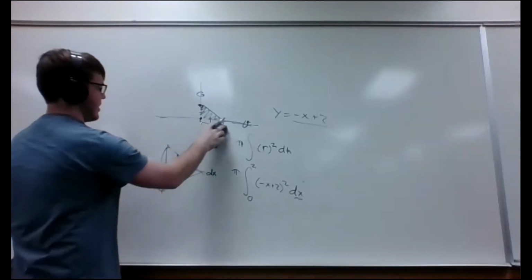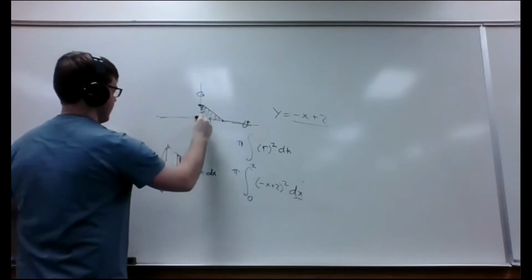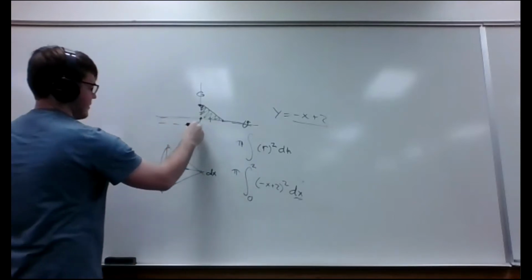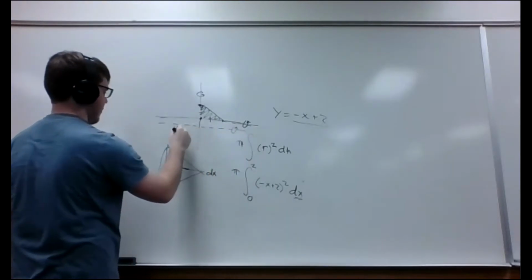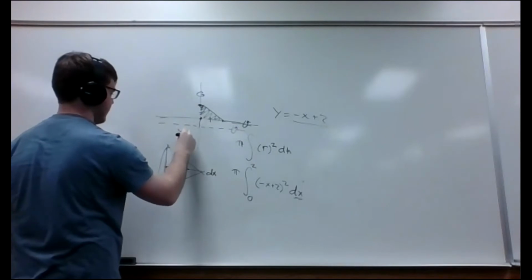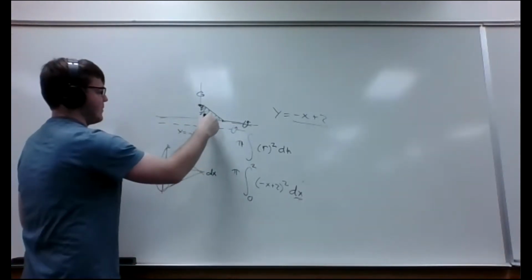I guess if we're going to do the same step with the washer method, we're going to have to change our problem a little bit. So let's say we wanted to rotate it around the line y equals -1. So let's say there's a gap now in here.